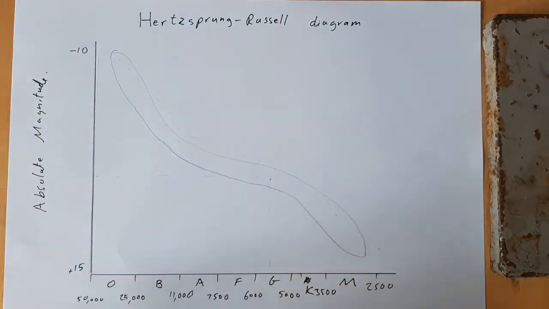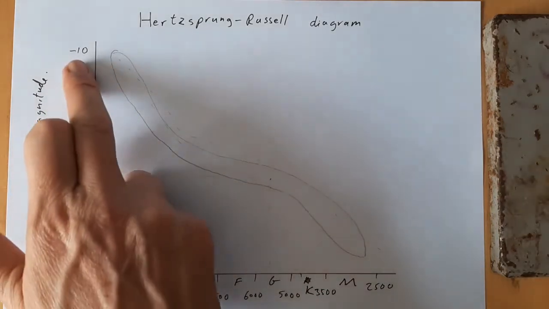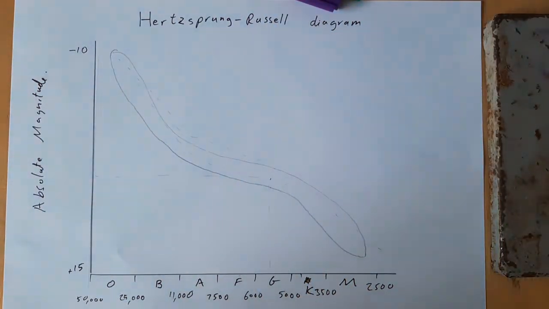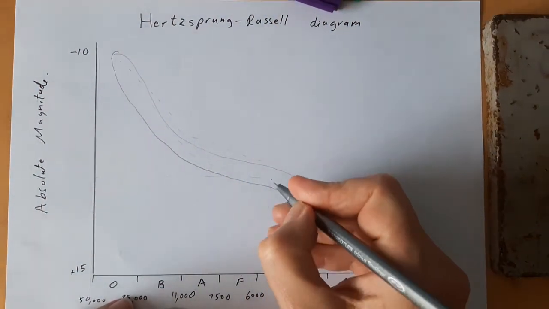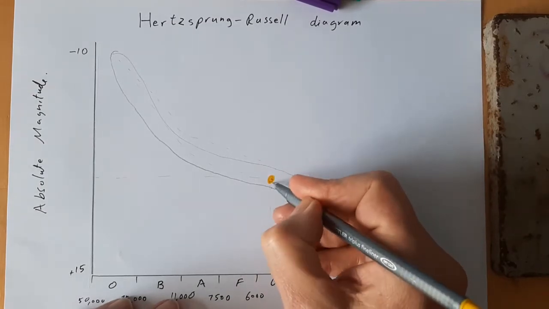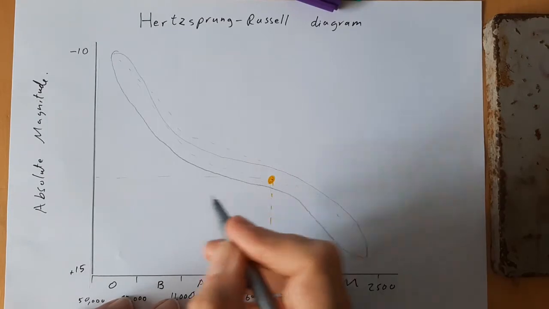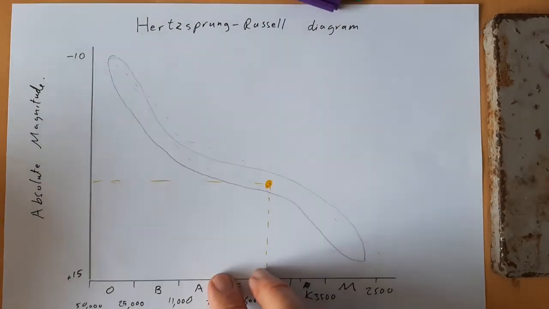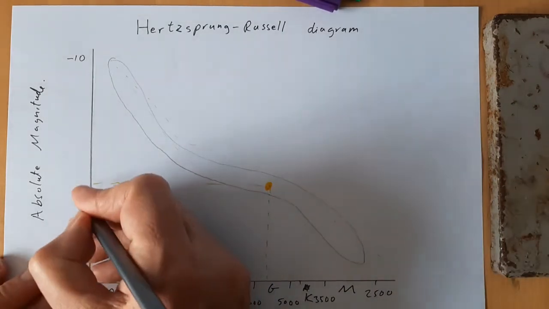Got absolute magnitude down the side. So our very brightest stars up here and our very dimmest stars, remember, are all compared at a distance of 10 parsecs. Really crucial that you all know that the Sun is a class G star and that it has an absolute magnitude of 5.